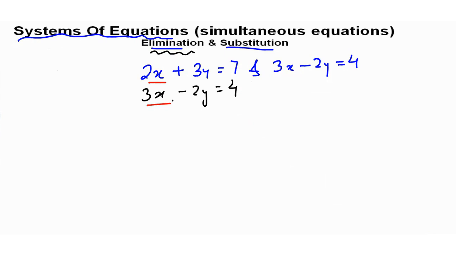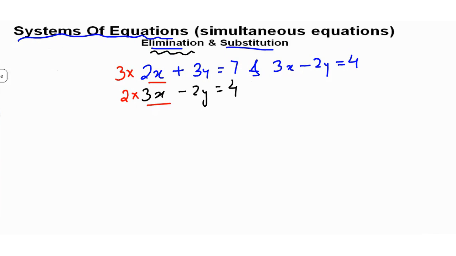Now we have 2x and 3x. We'll find the LCM of their coefficients 2 and 3. The LCM is 6. So somehow we have to make this 2x and this 3x into 6x. How can we do it? We can multiply this 2x by 3 to make it into 6x, and we can multiply this 3x by 2 to make it into 6x. But it's not allowed to just multiply a number here, right?